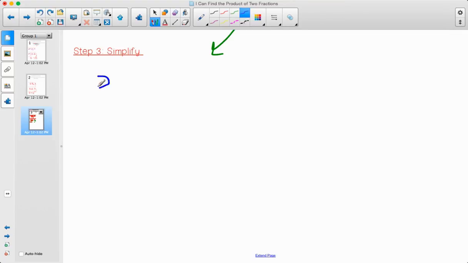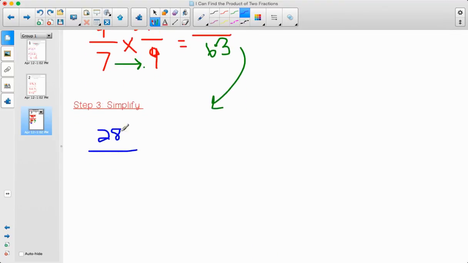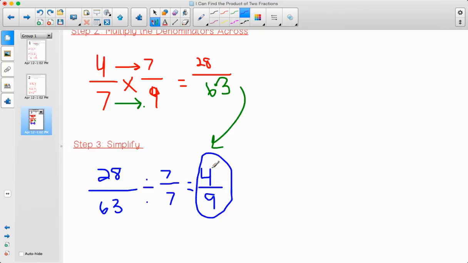So right now my answer is 28 over 63, but both of these numbers can be divided by 7. 28 divided by 7 is 4, and 63 divided by 7 is 9. So my final answer of 4/7 times 7/9 should be 4/9.